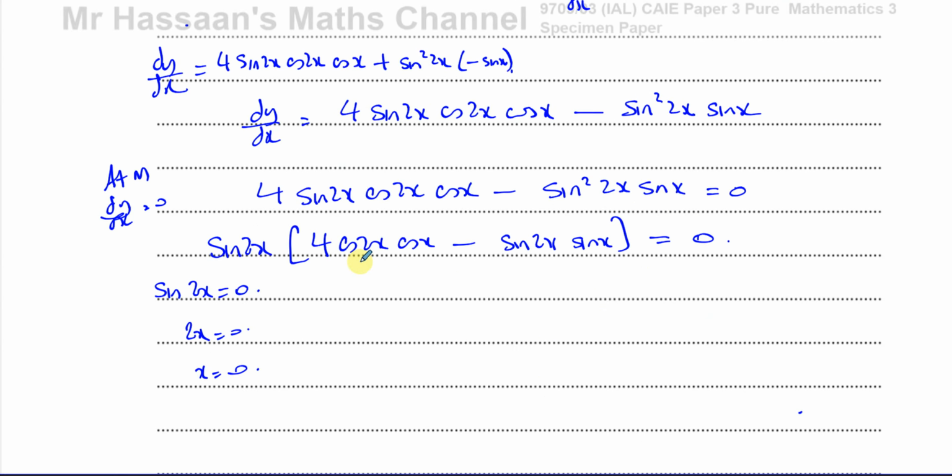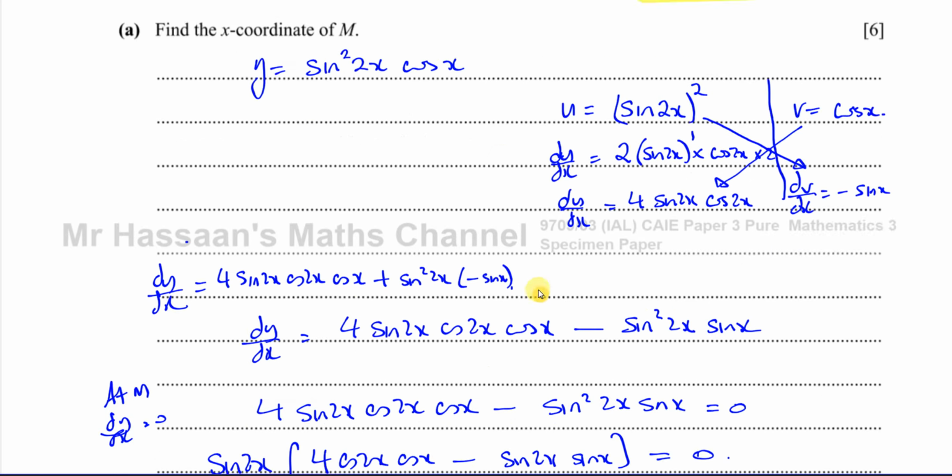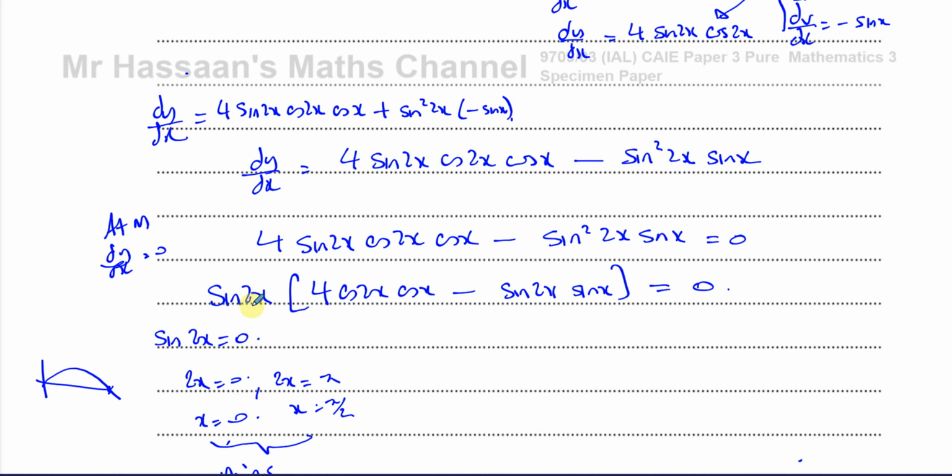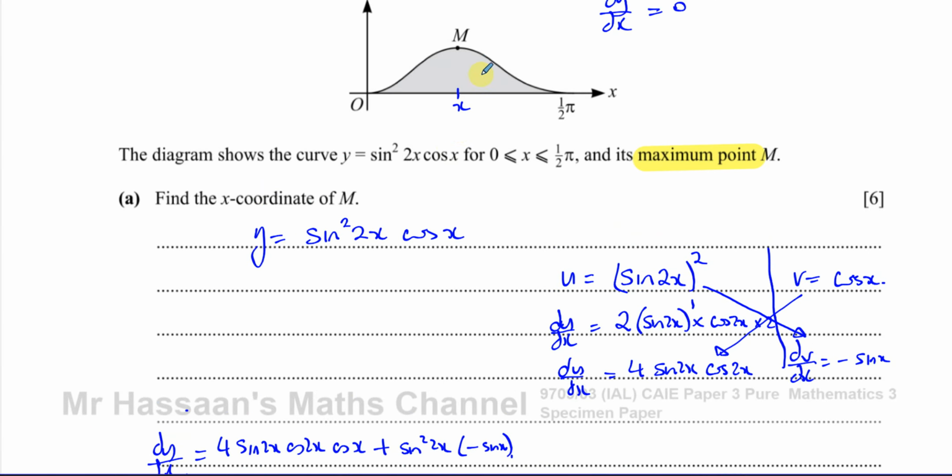The other place where the sine of 2x equals 0 is when 2x is equal to pi. We know that the sine curve becomes 0 at pi again. So when x equals pi over 2, well, we know that these are both minimums. We know that from the graph. So that gives us where dy/dx is 0, but not the point that we want.